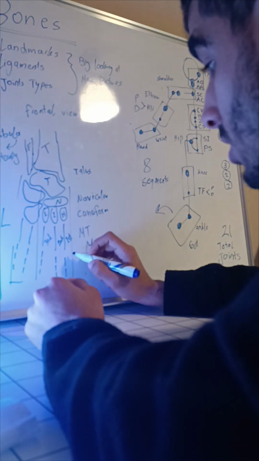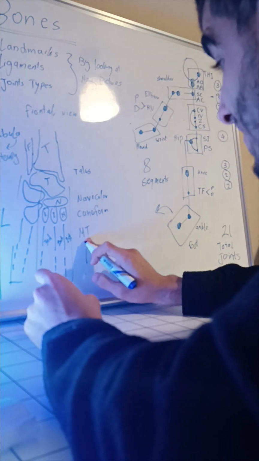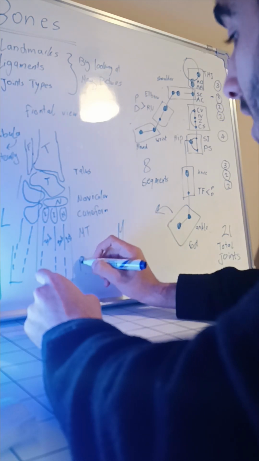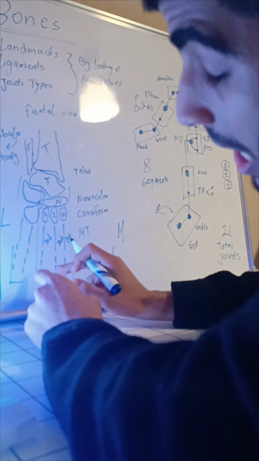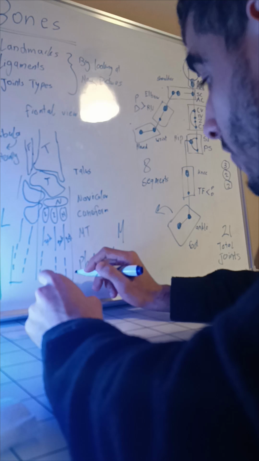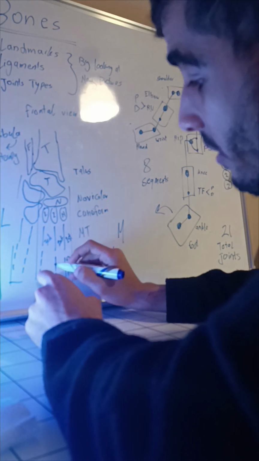Okay, and then here are the phalanges, the medial segment. An important thing to note here is that the first phalanx has only proximal and distal, and doesn't have the middle.